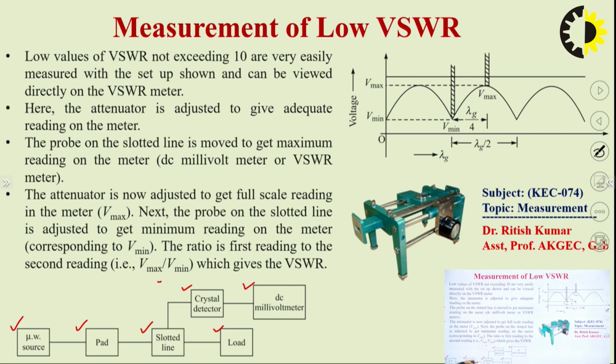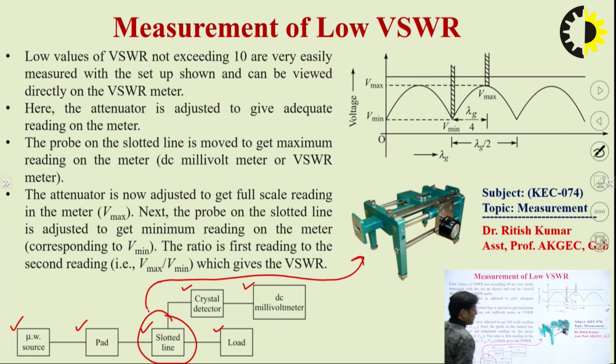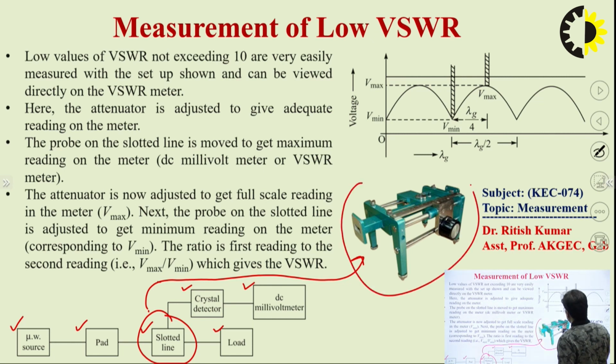The main thing here is the slotted line section. What is the slotted line section? Here we show the diagram of the slotted waveguide section. This is the slotted waveguide, this is the waveguide, this is the slot, and this slot is a non-radiating slot. This is a knob. This knob is movable.